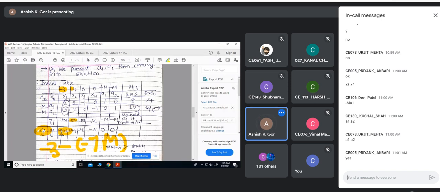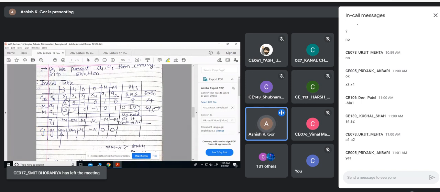This is Cj minus Zj, so minus M, minus plus M, 0. I already mentioned, whatever the basic variables, Cj minus Zj is 0 for that. So a1, a2 are the basic variables. Under a1, a2, Cj minus Zj is 0. That we discussed last time. So that way I found Cj minus Zj.